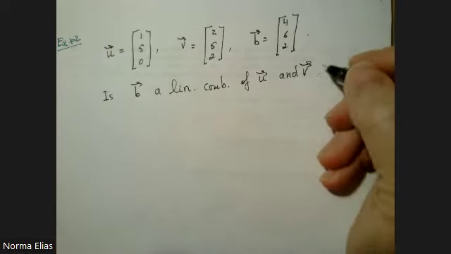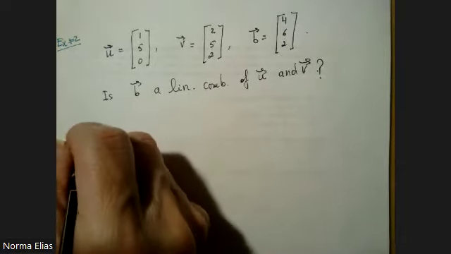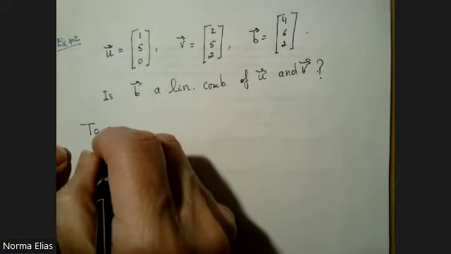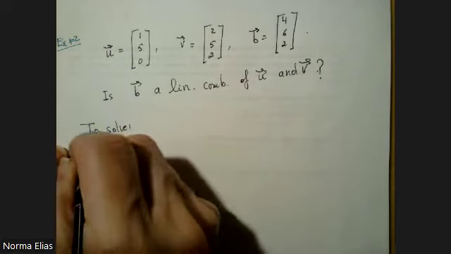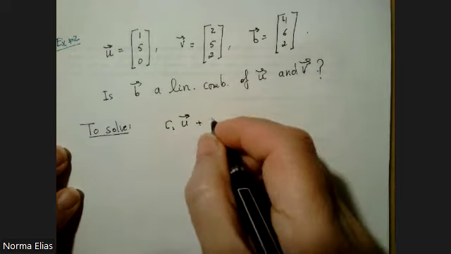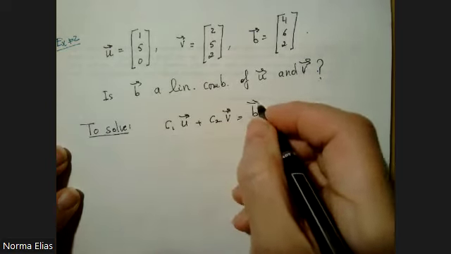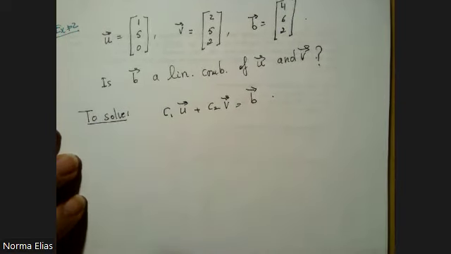I don't know. Since I am in R3, the picture becomes a little bit obscure to us. So basically it's equivalent to solving the following vector equation: C1U plus C2V equal to B. That's what you have to solve.